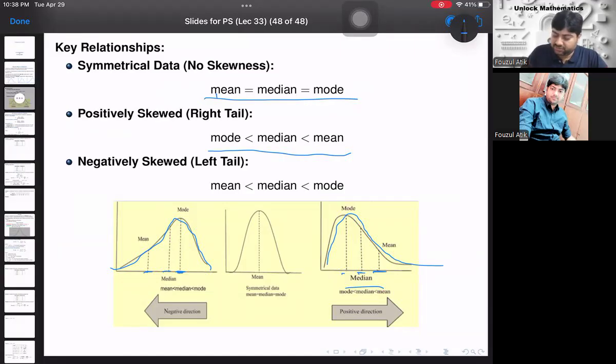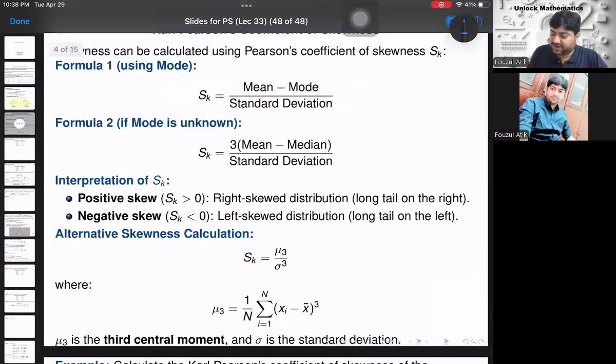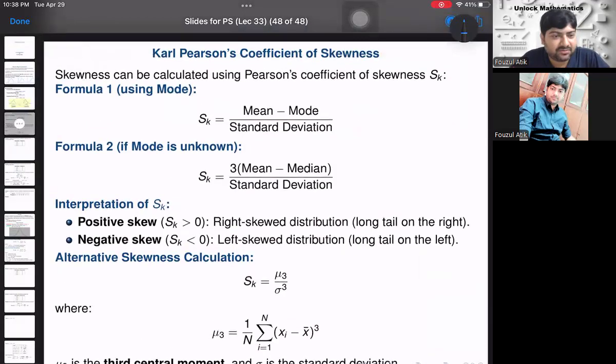Now, we should have a formula to find whether it is positively skewed or negatively skewed. So we have a parameter called the Karl Pearson coefficient of skewness. The skewness can be calculated using this coefficient, which is denoted by Sk, and it has two formulas.